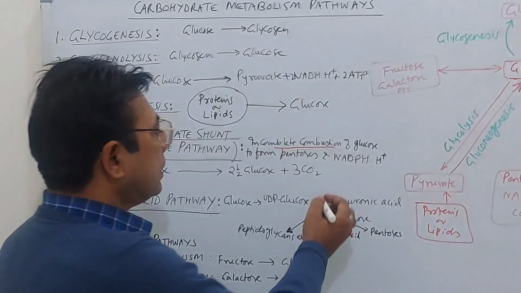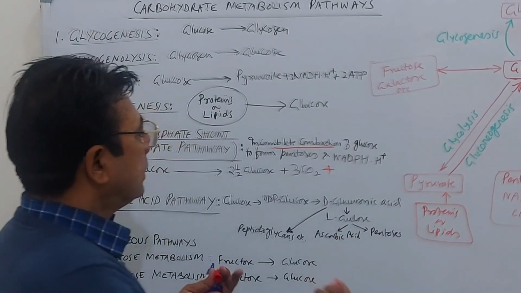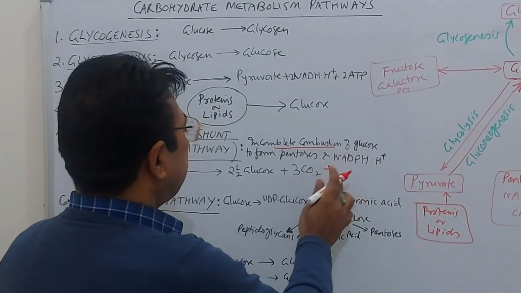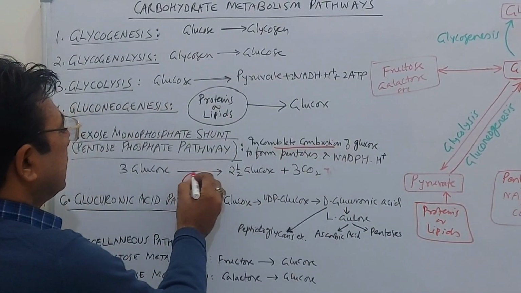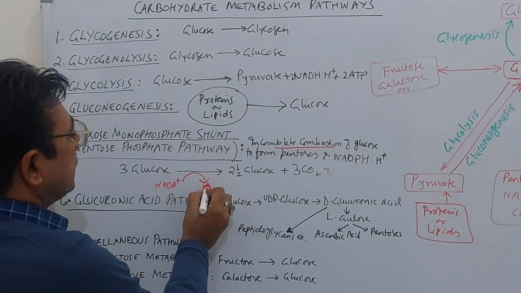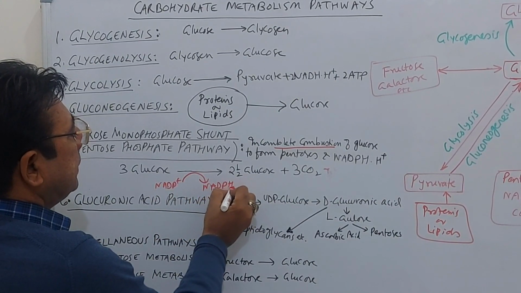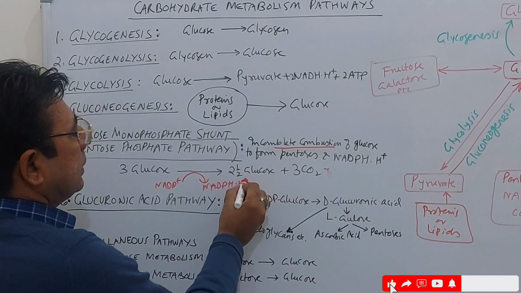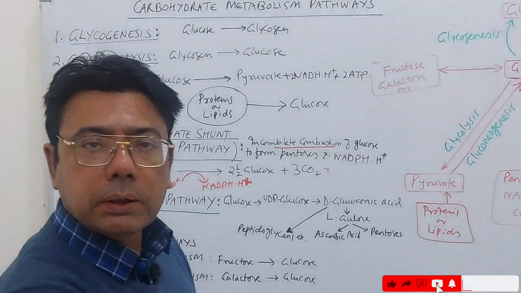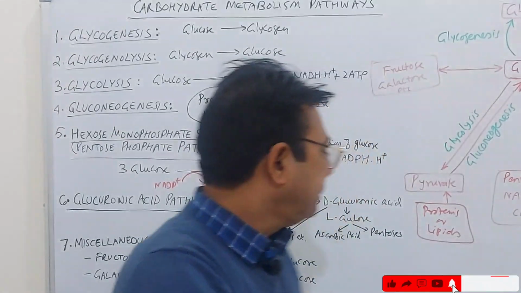The importance of this pathway is the production of NADPH. From NADP+ changes to NADPH plus H+, which is important for oxidative metabolism of our cells.